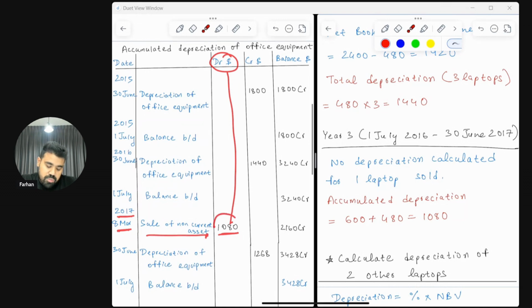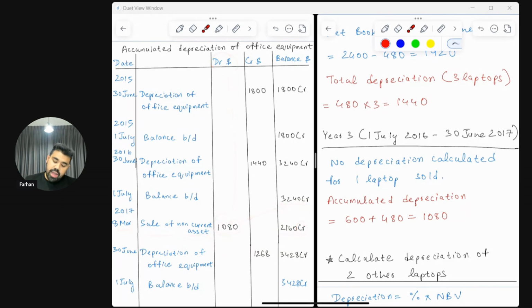So that is why this is being included on the debit column, okay? So the $1,080 with the cross-reference of sale of non-current asset account, okay? So this 1,080 debit is subtracted from 3,040 credit, which leaves us with a net balance of 2,160 credit, okay? Obviously, this is credit because we have more credits compared to debit, so the final amount has more credits, okay?